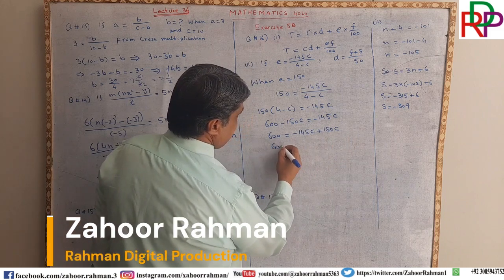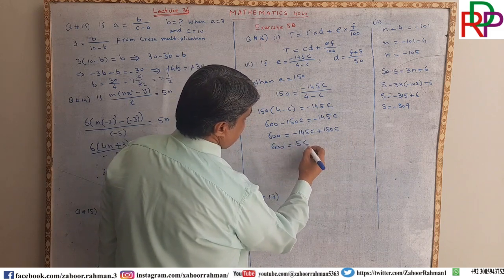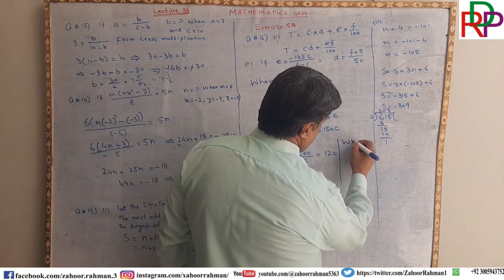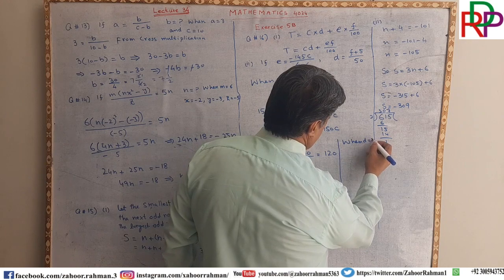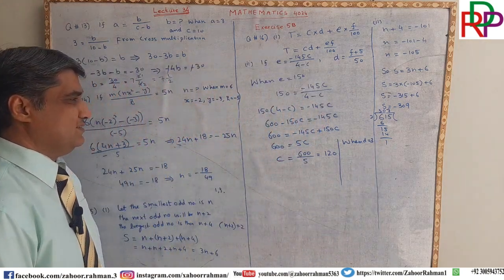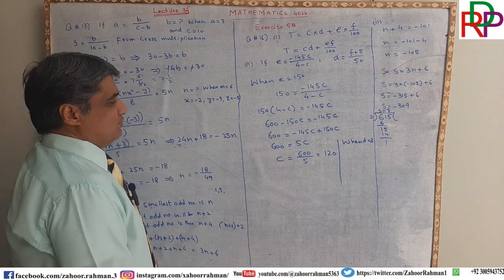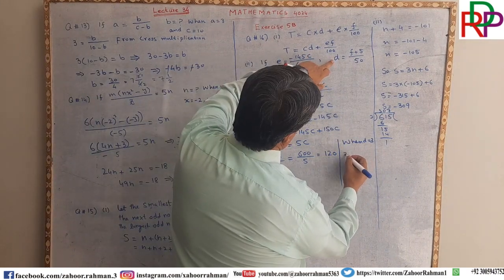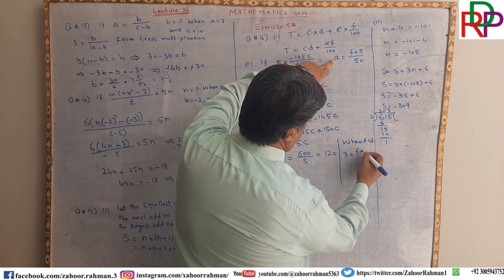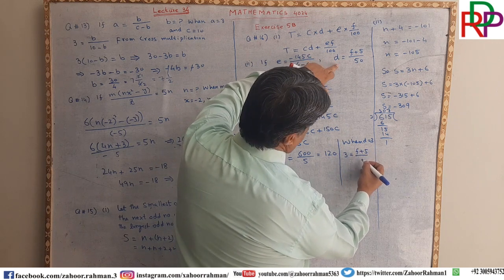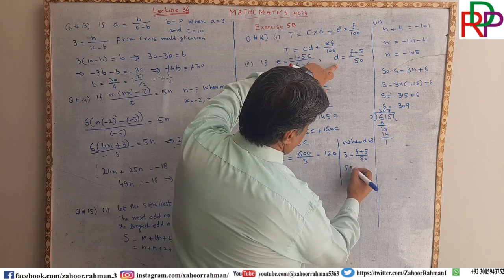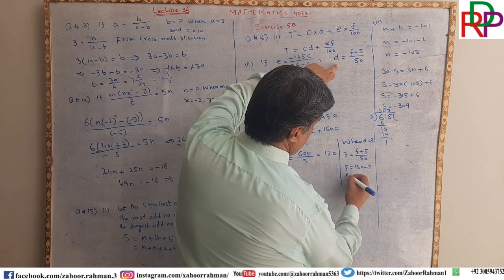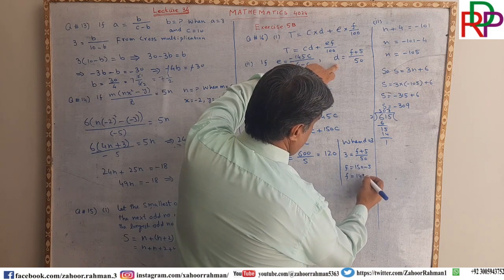So 600 is equal to 5C. D is given as 3. When D is equal to 3, so we have to put 3 is equal to F plus 5 divided by 50. F is equal to 150 minus 5, so F is equal to 145.